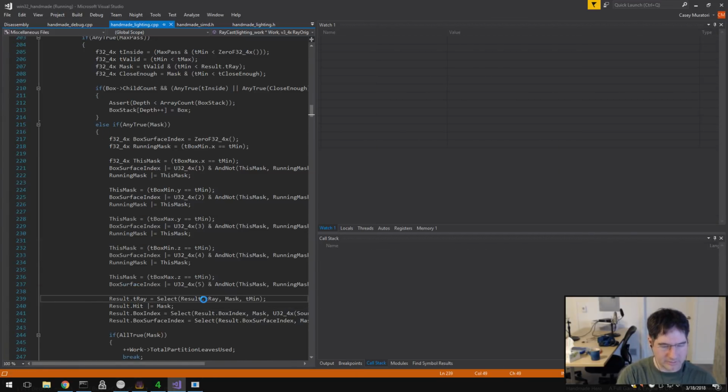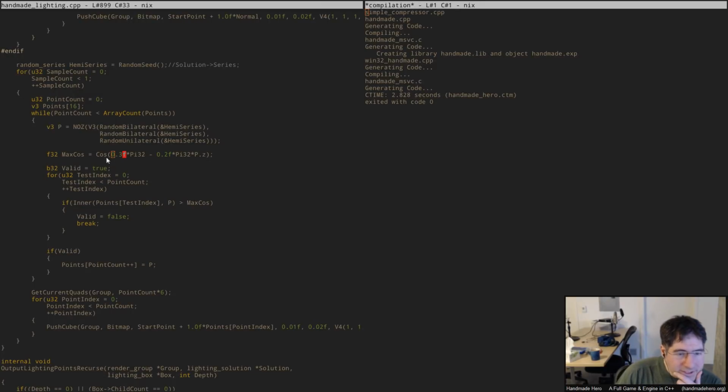What am I doing wrong here? I feel like this should be okay, right? Because the maximum cosine value here, we want it to be close to 0. If we put cosine 0 in, the max cosine would be 1 and nothing would be over it, right?